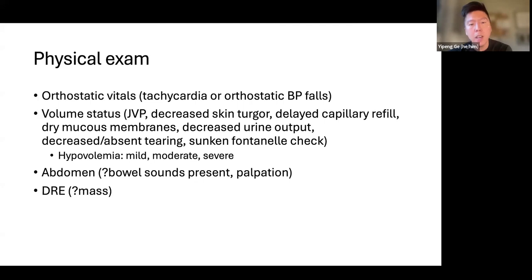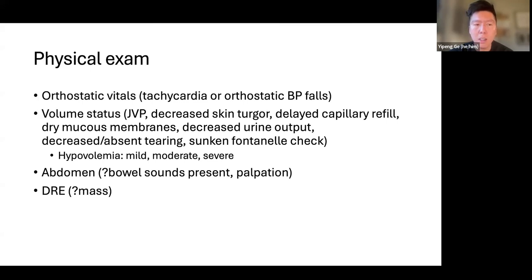And then the abdomen, just to see if there are any bowel sounds present, and you can palpate and see if there are any areas of specific discomfort or any masses. If appropriate, especially in older patients where you might worry about a mass, like colon cancer or prostate cancer, then doing a digital rectal exam is certainly part of the physical exam.